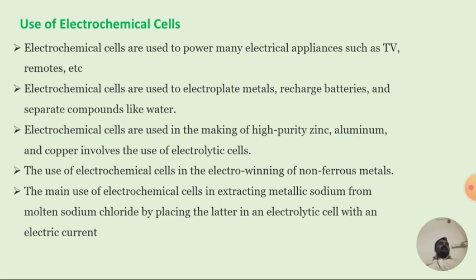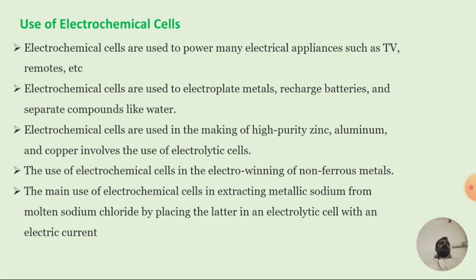Here, electrochemical cells are used to electroplate metals, recharge batteries, and separate compounds like water. In this case we use electrolytes and metals to separate components, and also in rechargeable batteries.